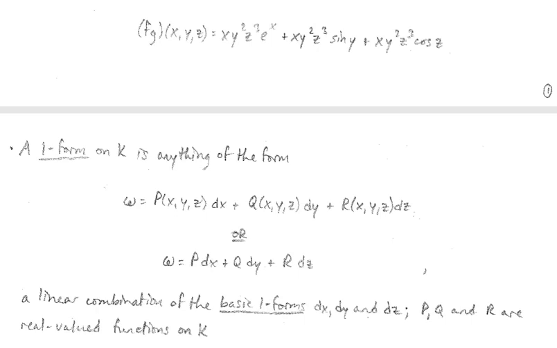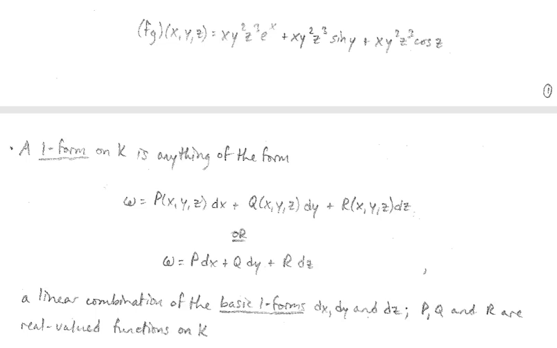Really, it's a linear combination of the basic one forms dx, dy, and dz. The p, q, and r, just on their own, are real valued functions, or zero forms. So if you take a zero form and you stick one of these dx, dy, or dz's on the end of it, it becomes a one form.